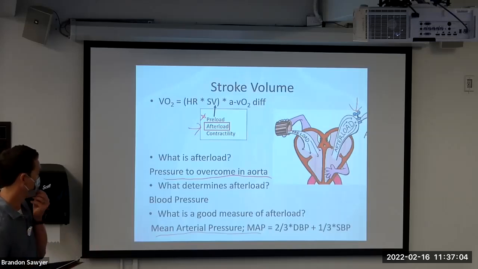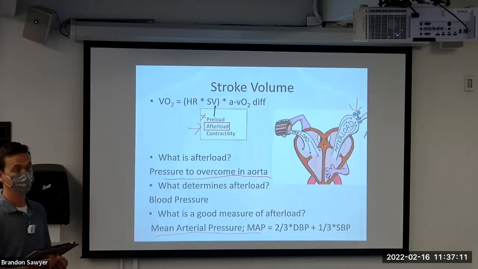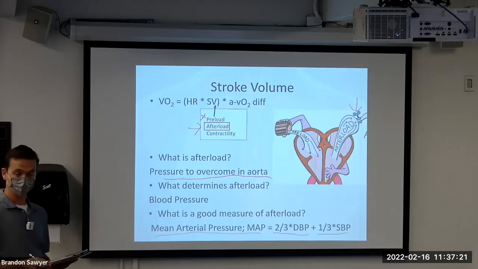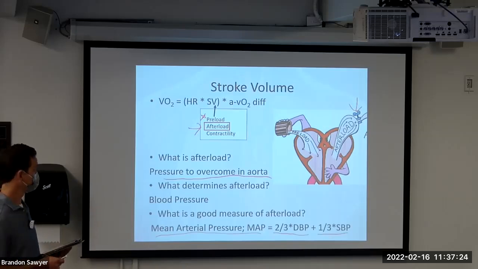Most of the time, especially when we're at rest, we're in the diastolic phase longer than we are in the systolic phase, right? So when you look at the equation, we have about 2/3 of the time that our heart's at rest, and about 1/3 of the time that our heart is contracting.